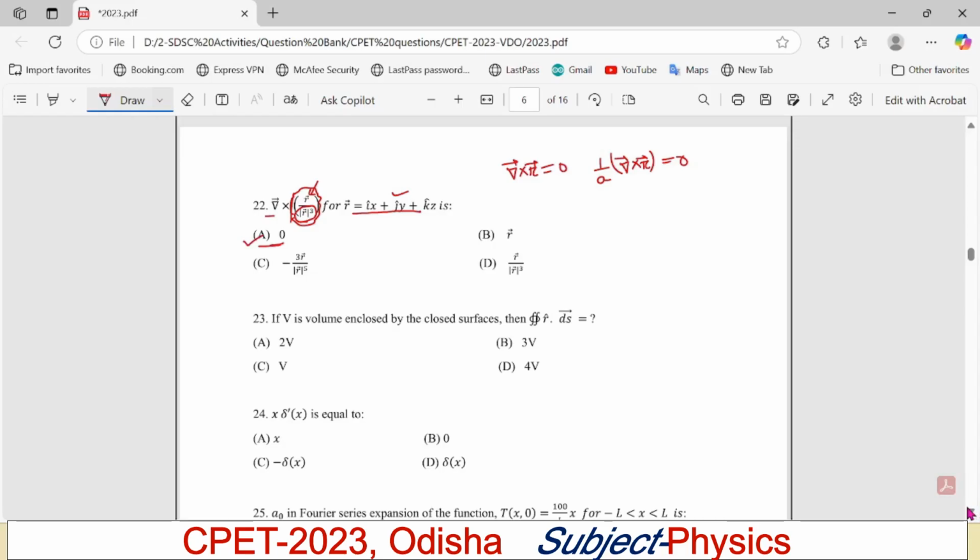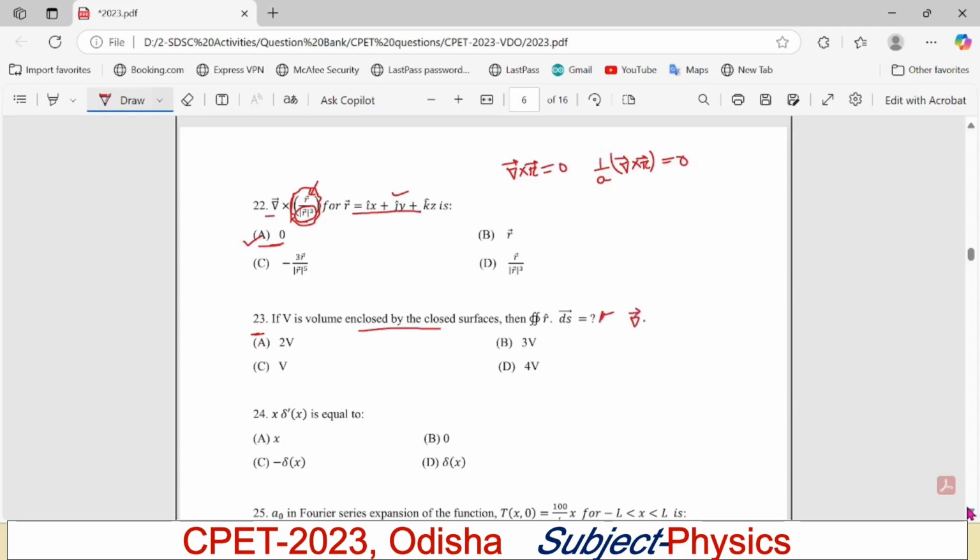Question number 23. If V is the volume enclosed by the surface, then surface integral of r cap dot ds will be how much? Okay. For solving this question, you have to remember this formula.